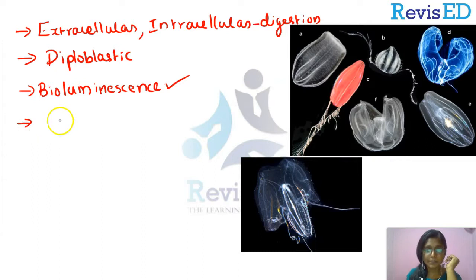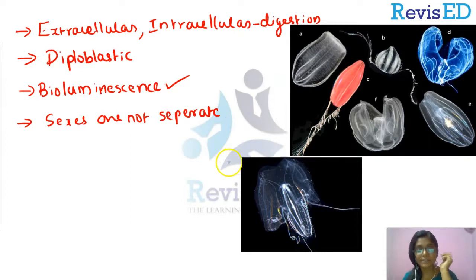Now, in these organisms, sexes are not separate, which means the single organism itself produces both male and female gametes. We have studied a term for this, right? Yeah, this is a hermaphrodite. Both sexes are in the single organism. And now, what about fertilization? The fertilization is external here.